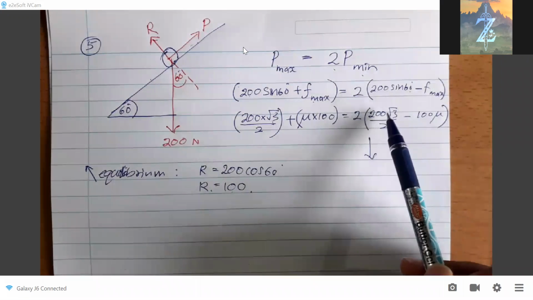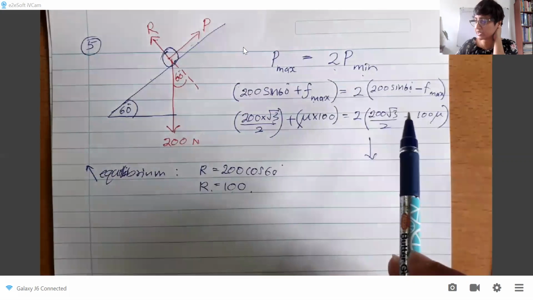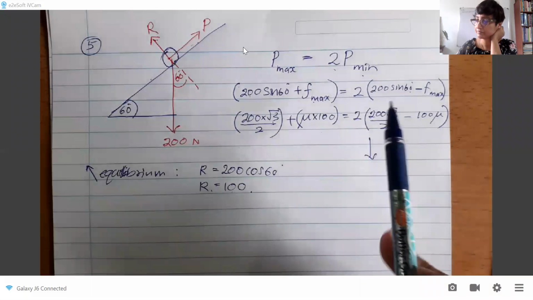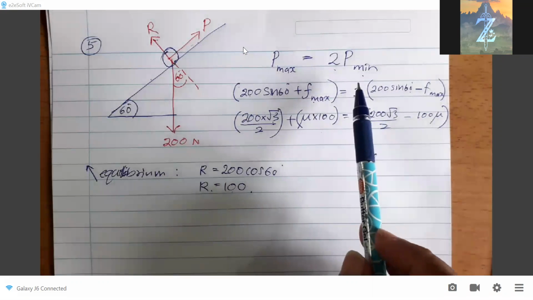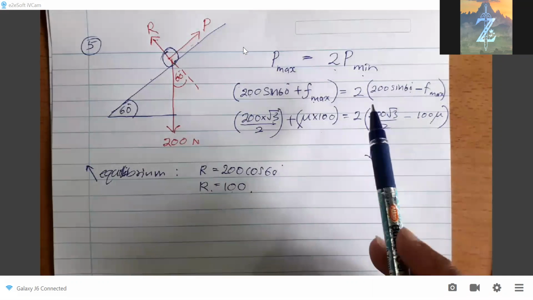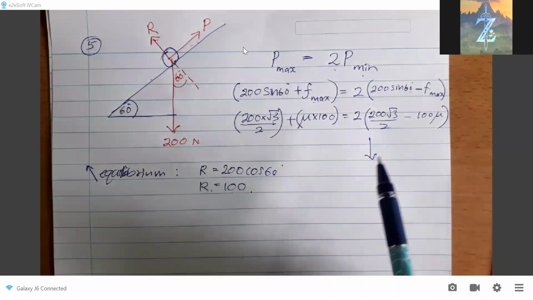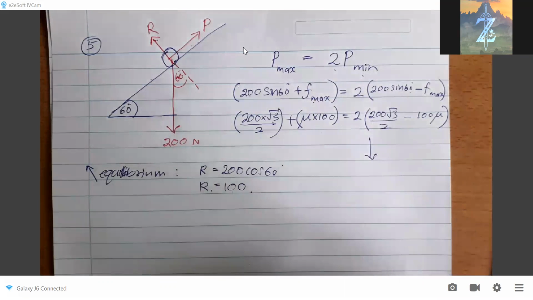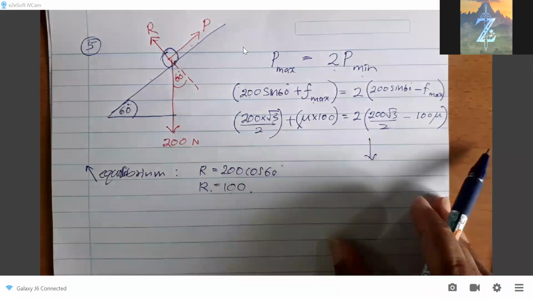So P min divided by 2 is equal to P max? No. So P max divided by 2 equals P min. Yeah, so if you use that relationship, I got it so far. After that I simplified, so you have to check.